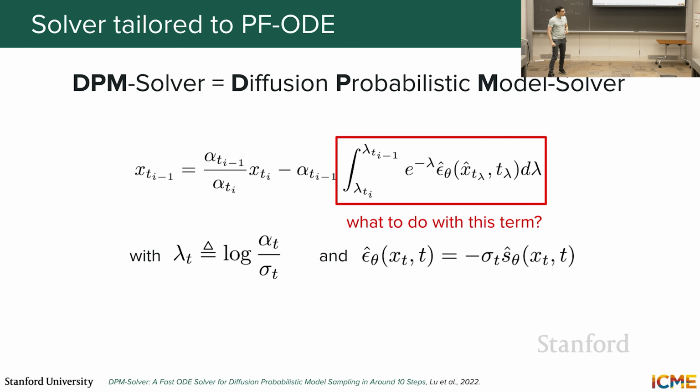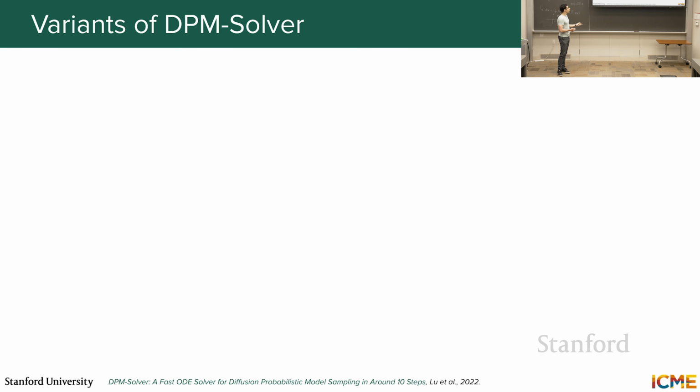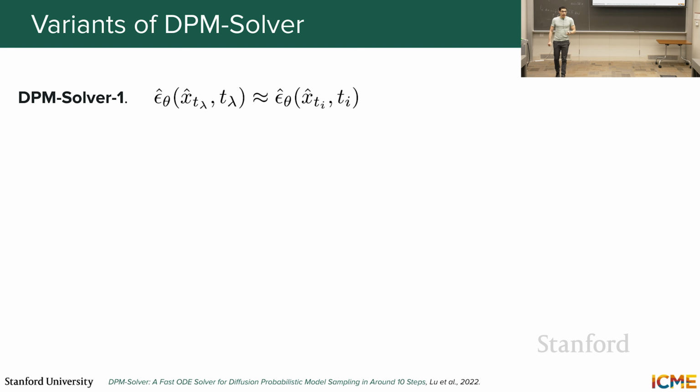And the question now is, how do we discretize this equation? Because we have this integral now left, and we cannot integrate something that is approximated by a neural network over continuous range. So what we do is that this is the part that is going to be discretized, and you have variants of DPM-Solver that discretize it at different levels of granularity.